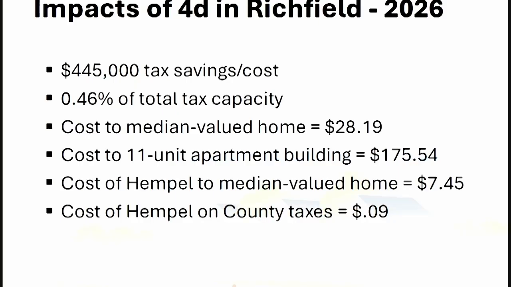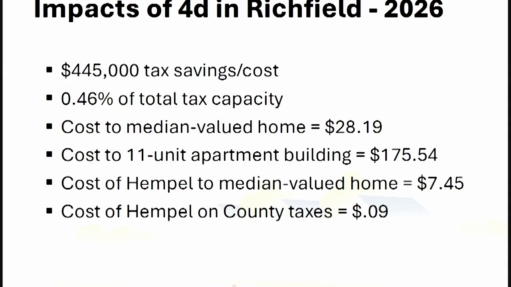I wanted to update the numbers for the financial impact using 2026 numbers and classification rates, or tax rate, pardon me, because this wasn't available last month. So you can see that the cost of all of our current properties plus Hempel in the 4D program is a $445,000 tax shavings or cost or shift to other property owners.